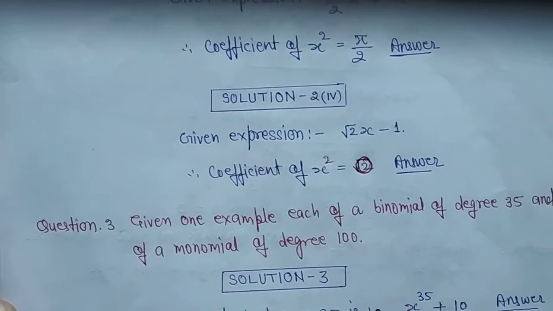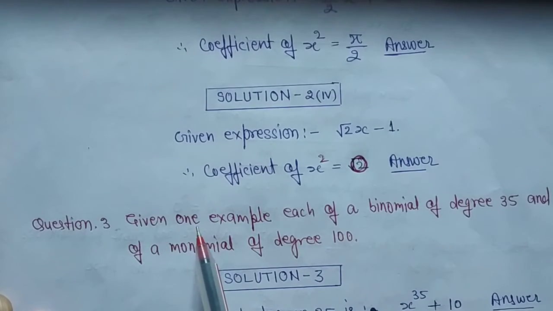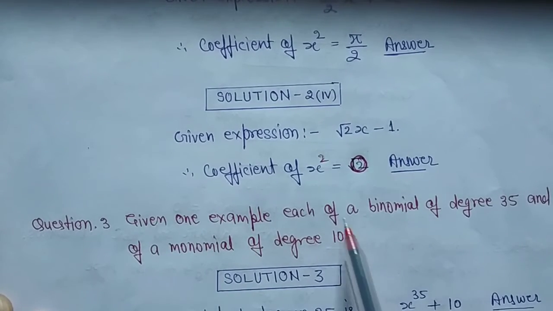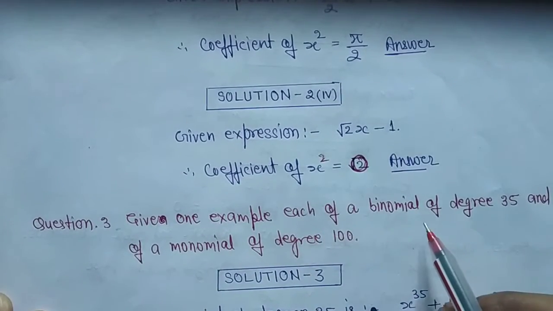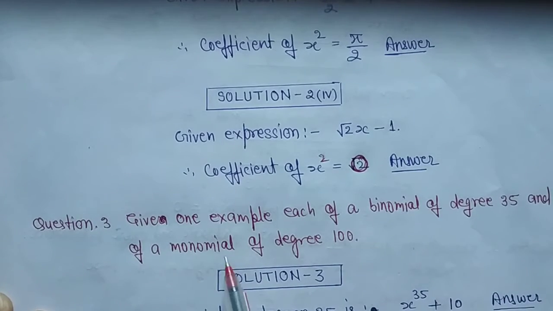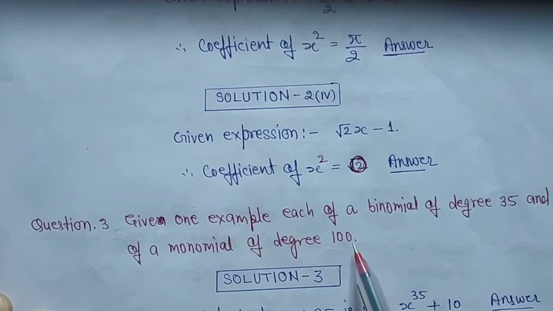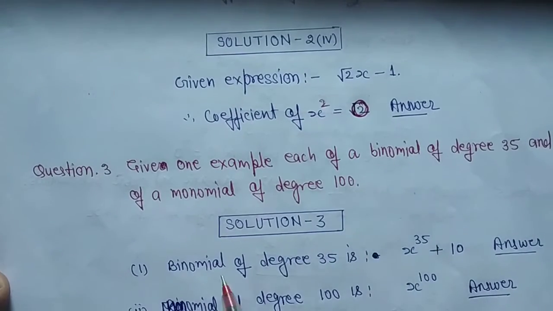Now this is question number 3. Give one example each of a binomial of degree 35 and of a monomial of degree 100. Solution.